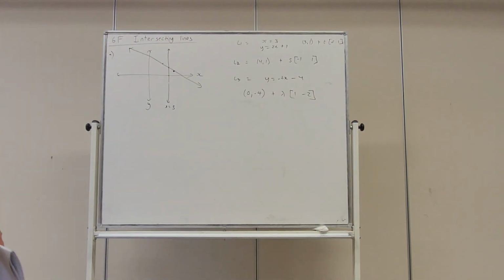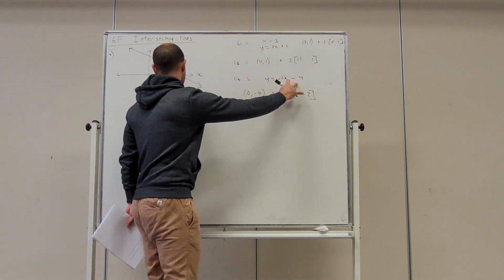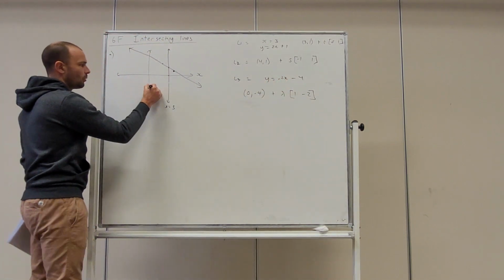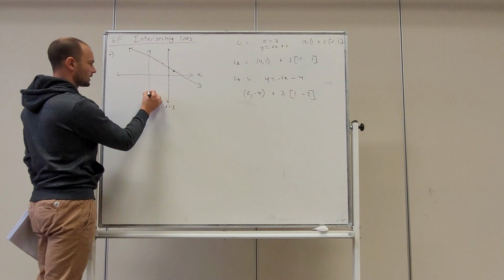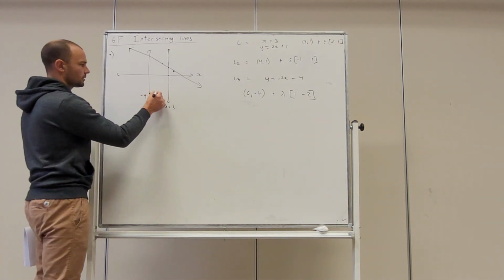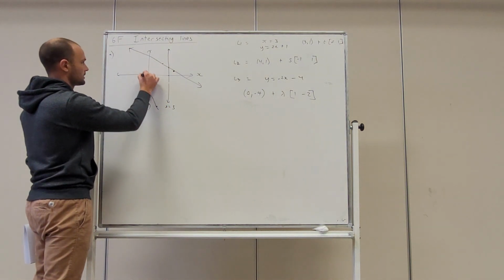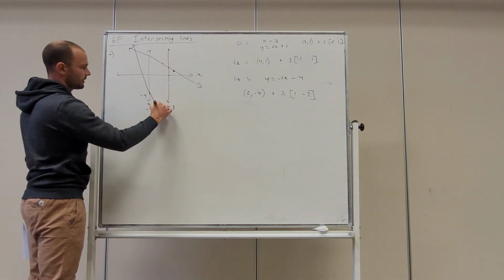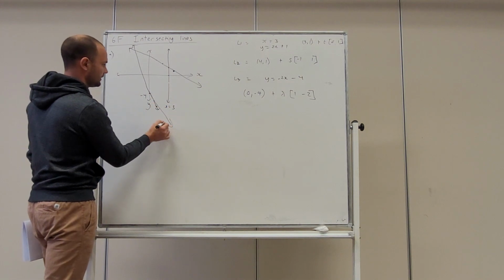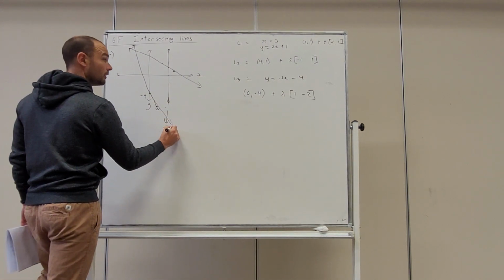Okay, so that could be a way of expressing it in vector form. Nonetheless, let's just sketch it as it is from here. We have a y-intercept of minus 4, so I'm going to put that about there, and a slope of minus 2. So it's going across 1, down 2, across 1, down 2. So it's going like this. Okay, that's going to be our line 3.